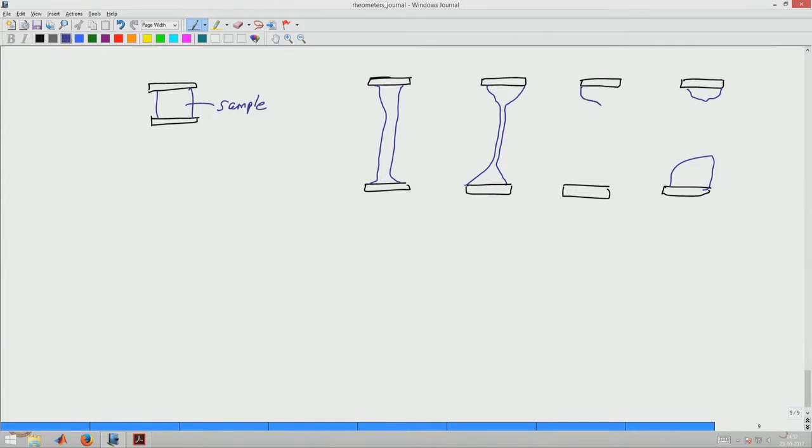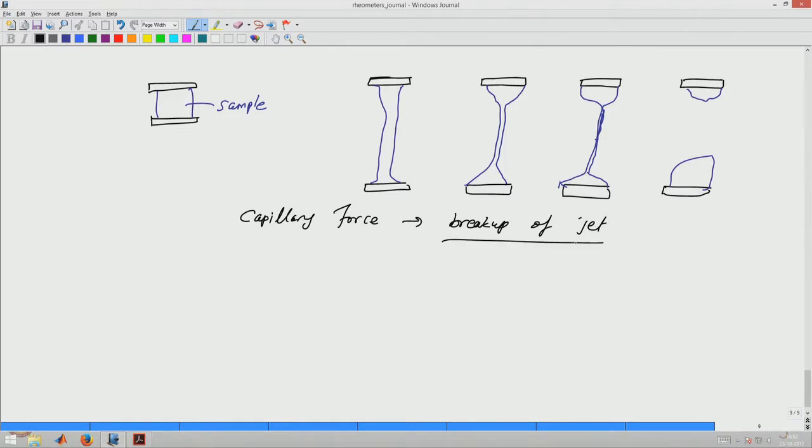Gravity will of course force the whole sample to come down, but there are also surface tension forces. That is why this is called a capillary breakup experiment. Capillary forces or surface tension forces are important in the breakup of a jet.